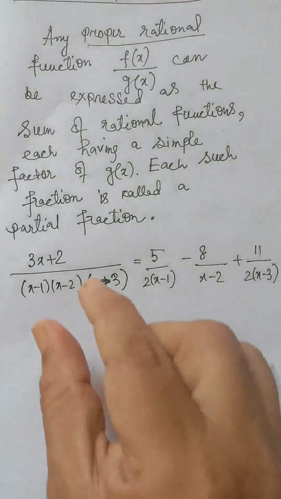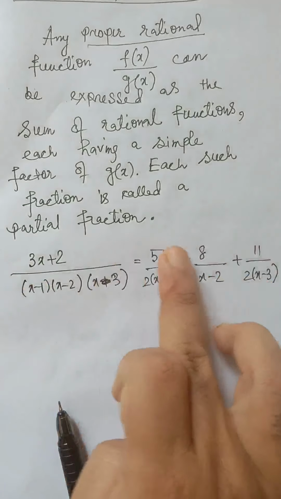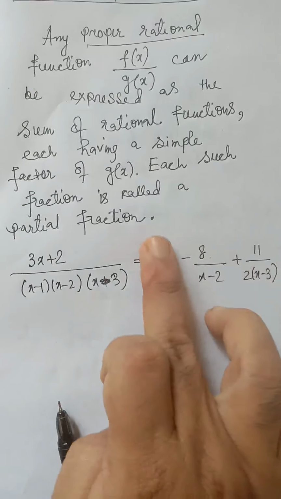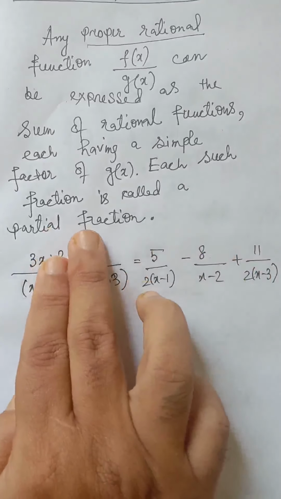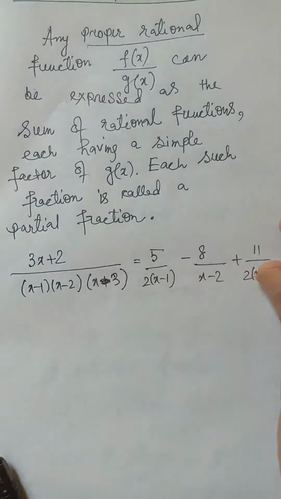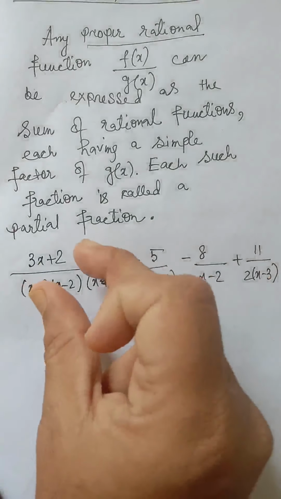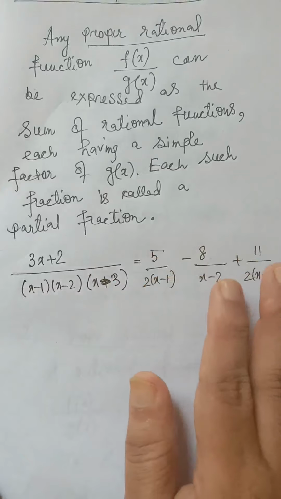These parts are called the partial fractions of this, and you can see in each of these partial fractions, the denominator is one of the factors of this. So breaking up of a fraction into two or more parts is called a partial fraction.